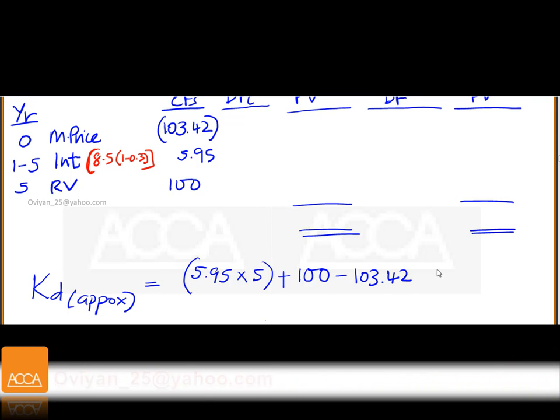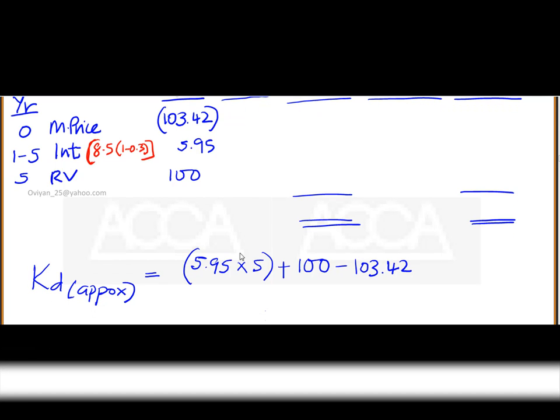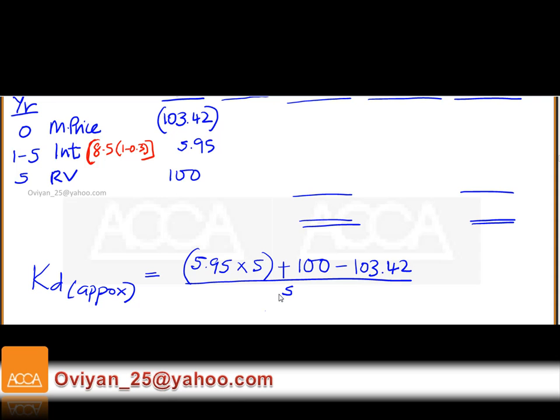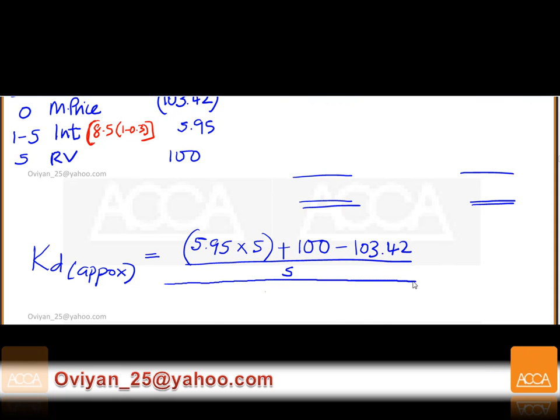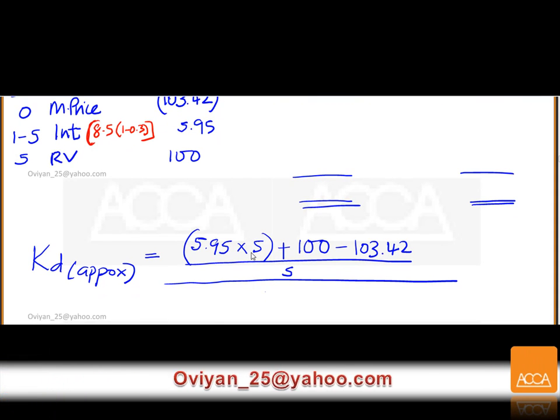So what do you get actually here? It sounds like profits. You just divide it by 5. So you take that figure, divide by 5, and you get average profits for a year. Then you divide by your investment amount, the opening investment. What's your opening investment?